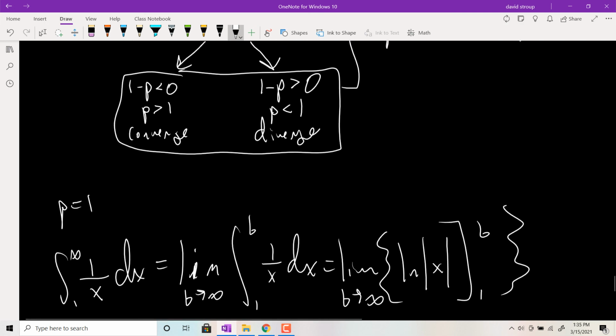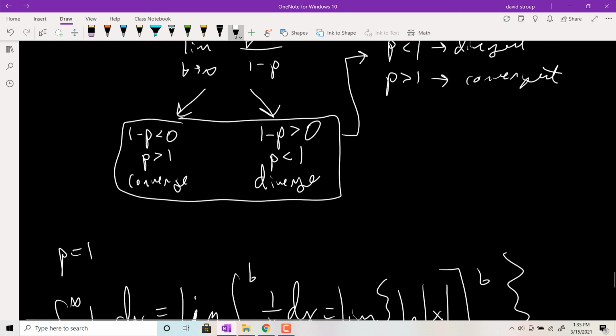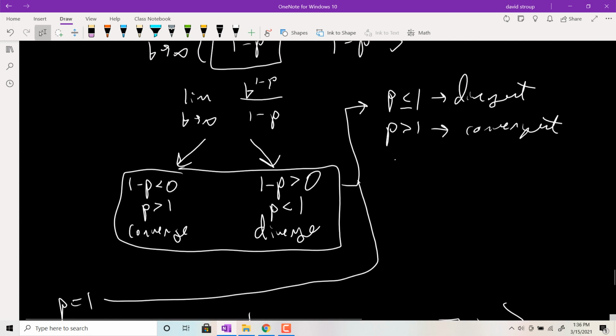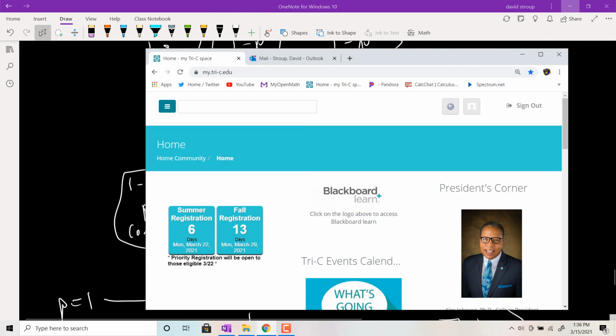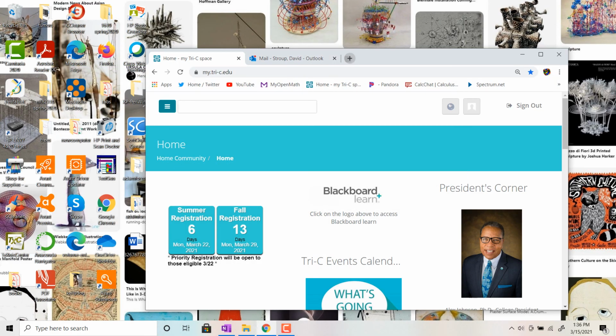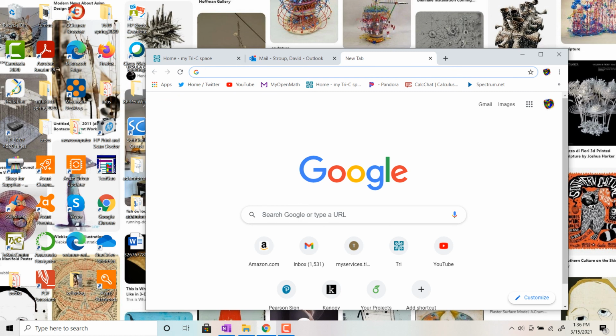So going back to our statements, when p is less than or equal to 1, it's divergent, and that includes the harmonic series. The harmonic series is divergent, but it's extremely slowly divergent.